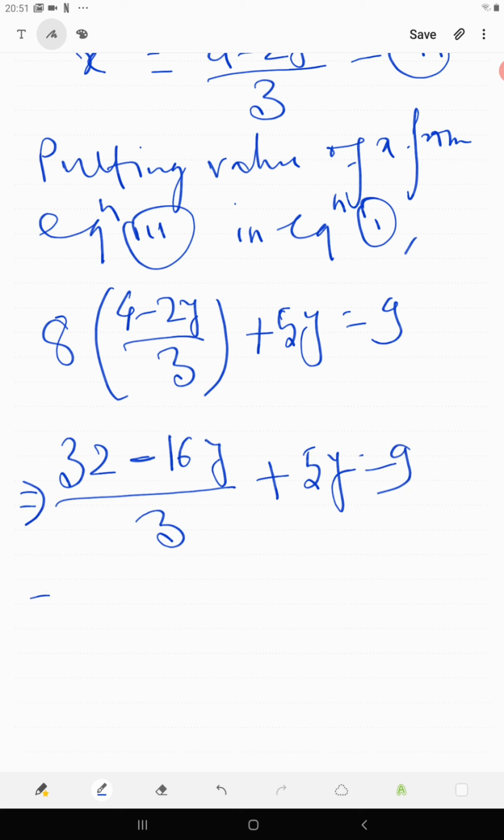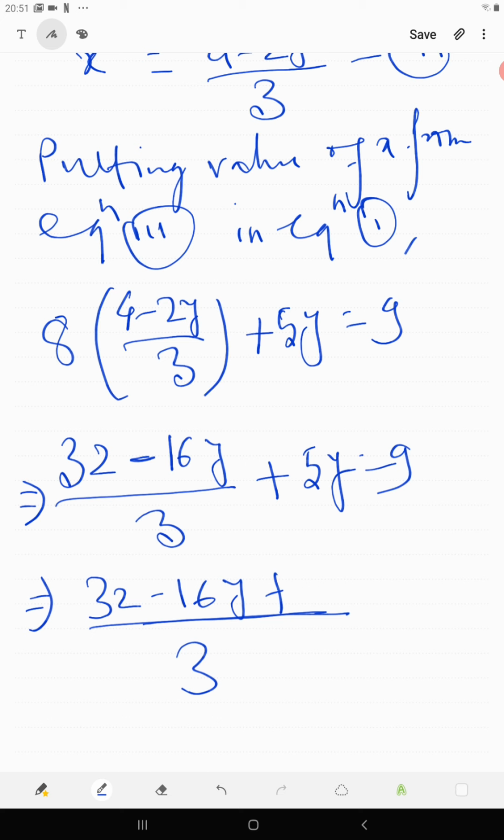Okay, so we will take the LCM. So it will be 32 minus 16y. Now 5y has 1 as its denominator, so 3 divided by 3, so 3 should be multiplied with 5y.